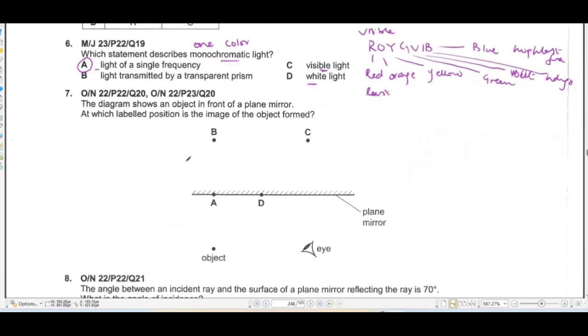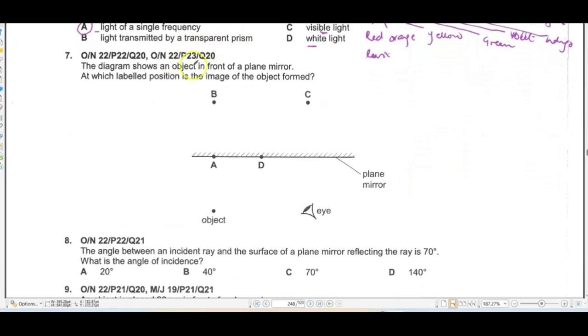Okay, question number 7. The diagram shows an object in front of a plane mirror. At which labeled position is the image of the object formed? Okay. The object is over here. As I just explained, the image should be at the same distance as the object. The object should be of the same size as the image. The object should be in the same line as the image. Okay?